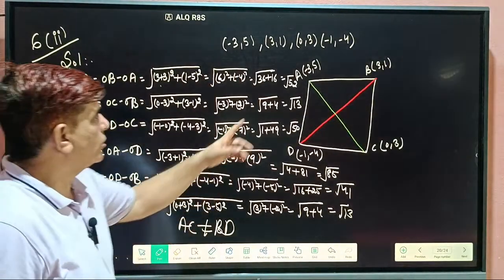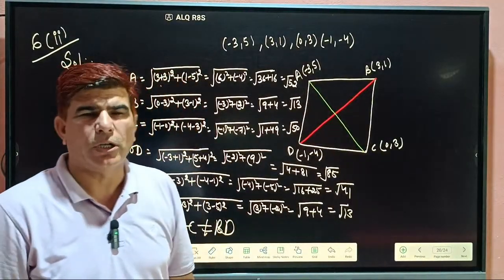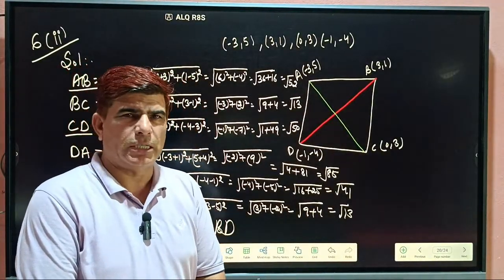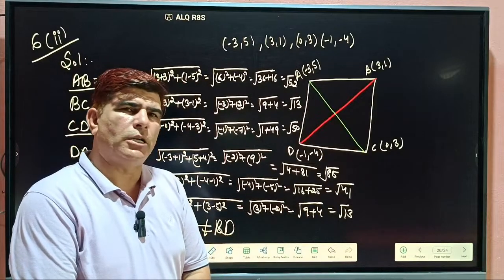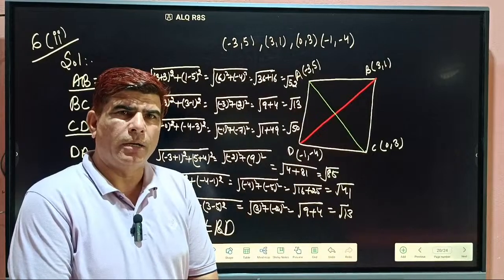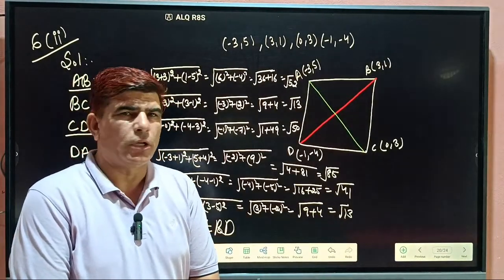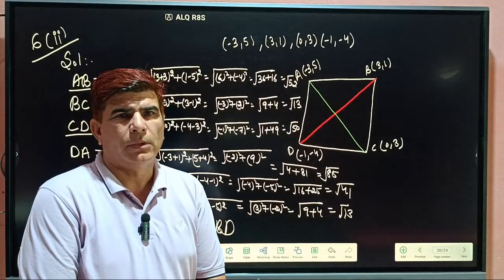AB is root 52 and CD is root 50, so this is not equal. So it's not a square, not a rhombus, not a parallelogram, and not a rectangle. Understood?